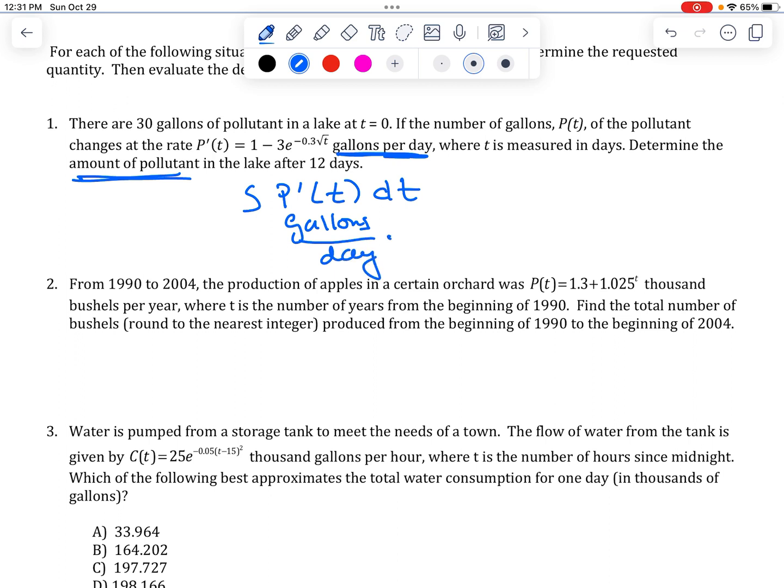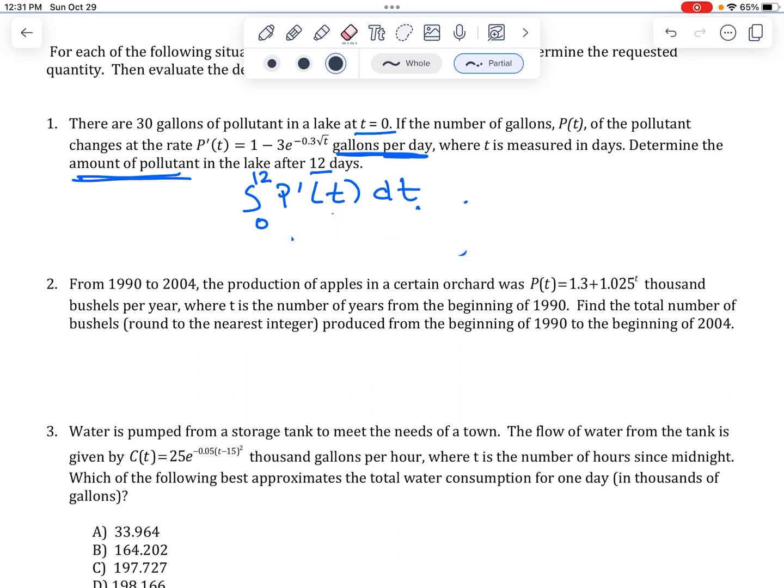The units on dt are days. So the days will drop out, so all you're adding up is a bunch of gallons. For my time interval, I'm going to use 0 for the lower bound, and I want to know what happens after 12 days, so I use 12 for the upper bound.